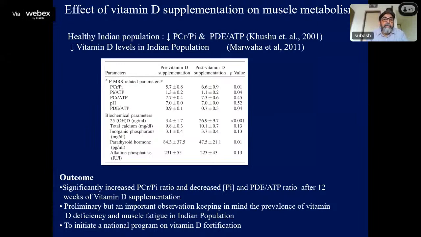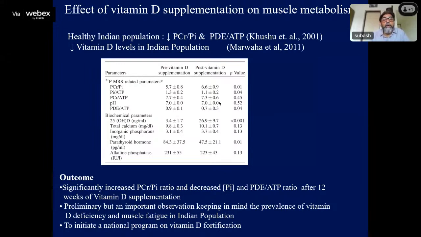So we published this data, and simultaneously, one of my colleagues, who is an endocrinologist, was working on vitamin D levels in the Indian population. He told me that we are very deficient in vitamin D. Then we thought, was our muscle function reduced because of vitamin D deficiency? So we did a study where we found people who are vitamin D deficient, did their muscle profile, and then gave the supplementation.